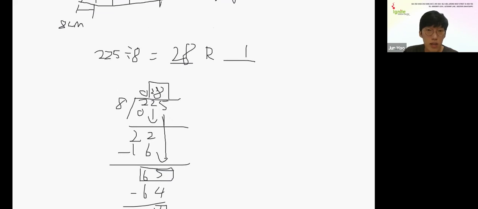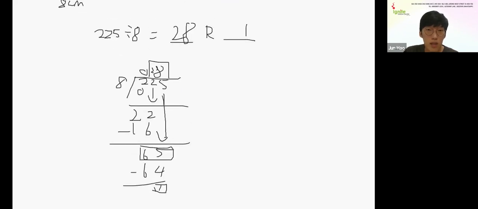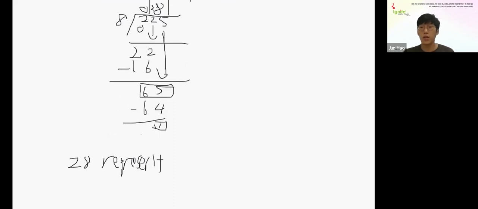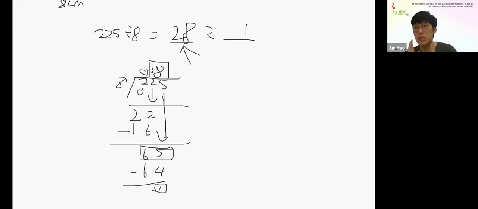So this 28 here, 28 will represent what? Then it will represent what? How many number of pieces there are of 8 cm each. Am I correct?